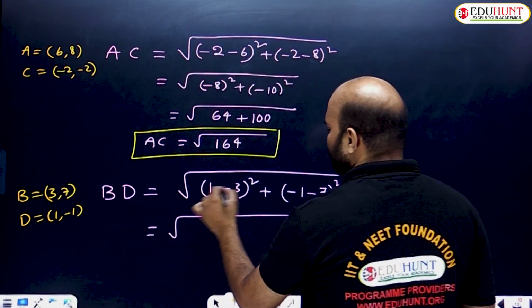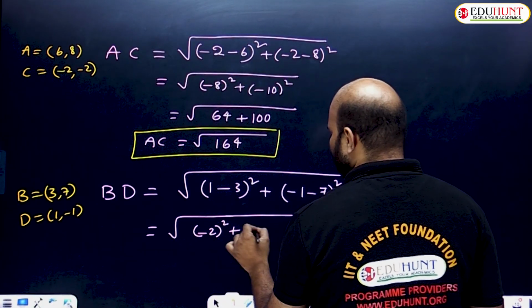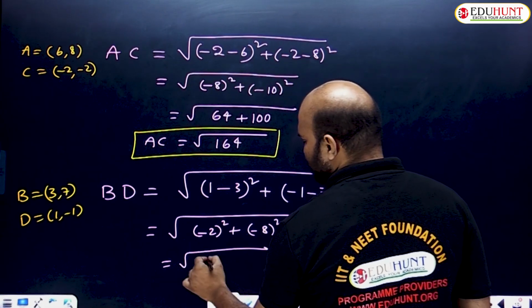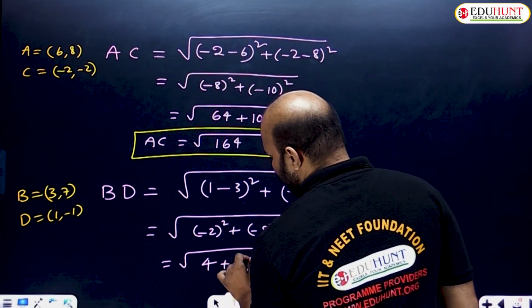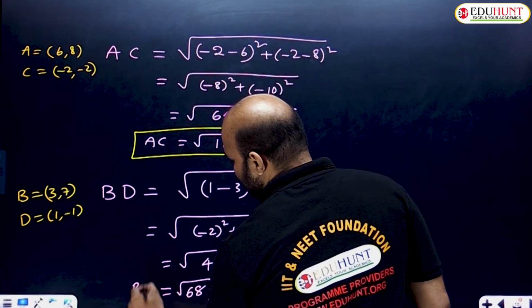Square root of (1 minus 3) minus 2 whole square plus (minus 1 minus 7) minus 8 whole square. So it can be written square root of minus 2 whole square, positive 4, minus 8 whole square, positive 64. What you are getting? Square root of 68. So that is the BD distance.